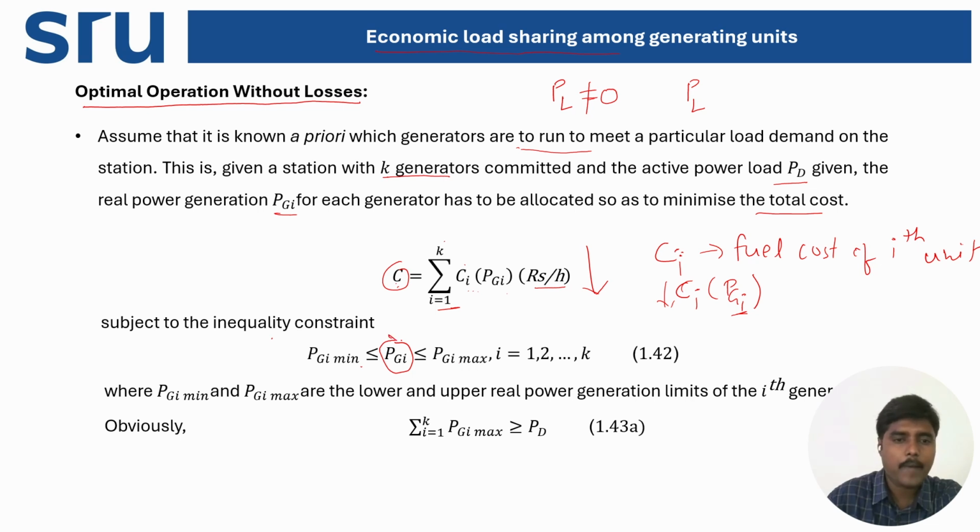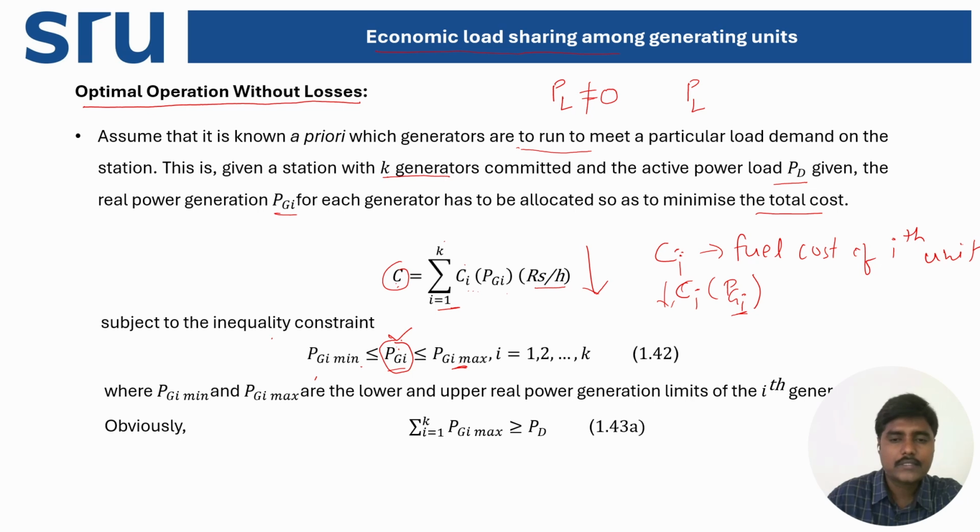If the power generation of any unit is less than the minimum limit, then there is no meaning in using that generator and spending money in generating power. At the same time, you cannot operate the generator beyond its maximum power capacity, because that will lead to overloading of the generator, which will increase the temperature rise, and ultimately lead to failure or damage of the generator.